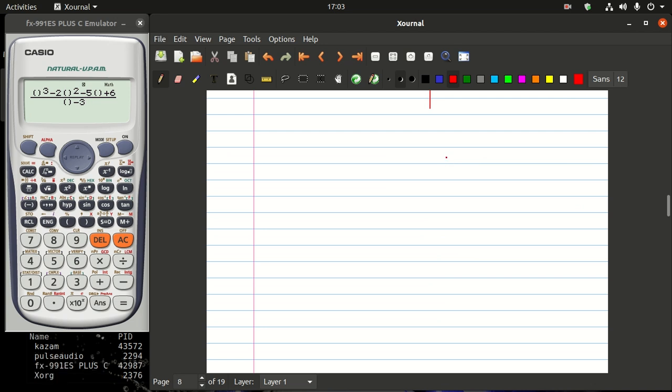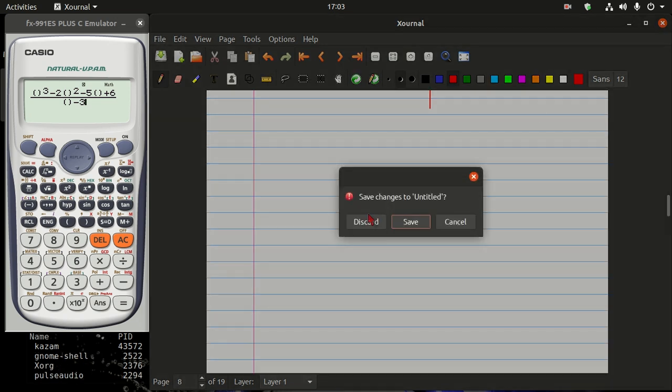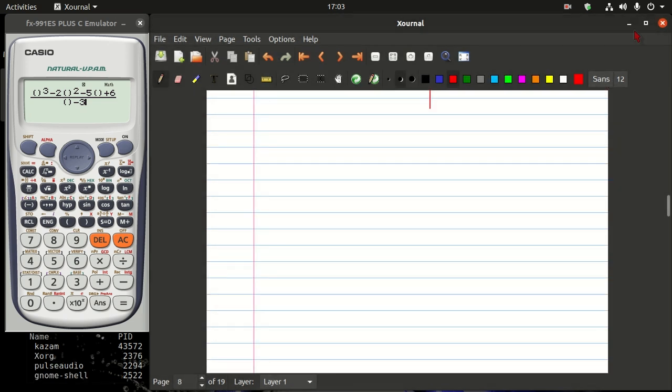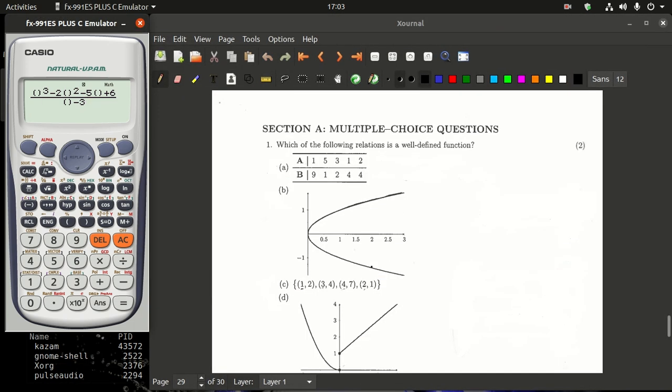Now, the actual example that I wanted us to look at is these problems. Which of the following relations is a well-defined function? Is it a function? First of all, you just look at the input values. You have a 1, you have a 1, and these output numbers are different.